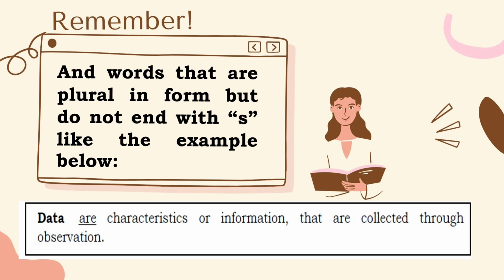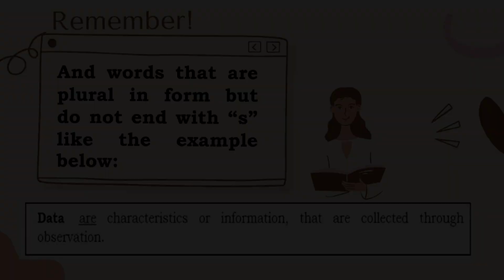This is actually in plural form, but it doesn't end with s. Therefore, it will take the plural verb, which is are. So data are characteristics or information that are collected through observation. So please take note also of this kind of term.